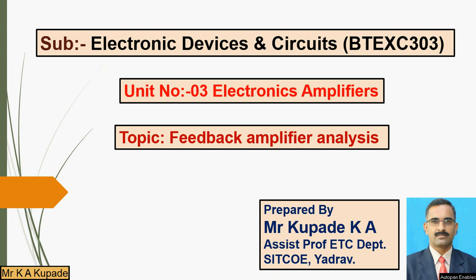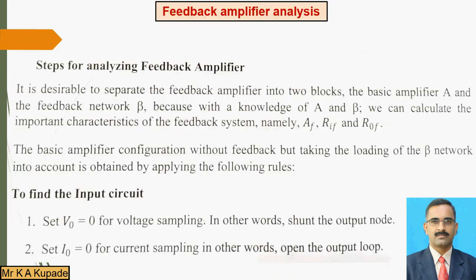In today's video lecture we are considering feedback amplifier analysis, how the analysis of the feedback amplifier is done. In a feedback amplifier two things are considered: one is the amplification and the other is the feedback concept.